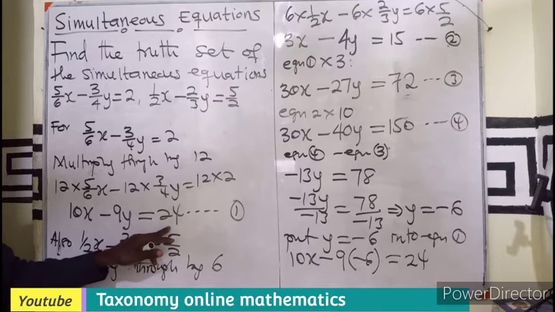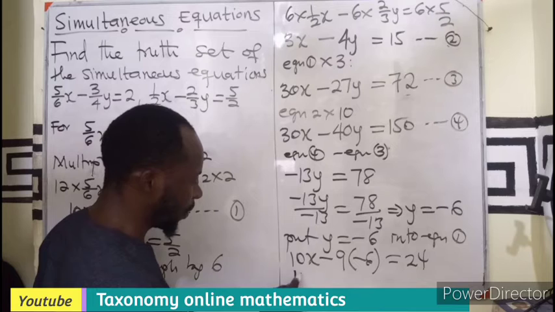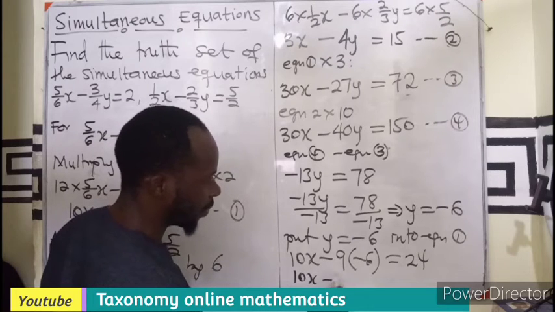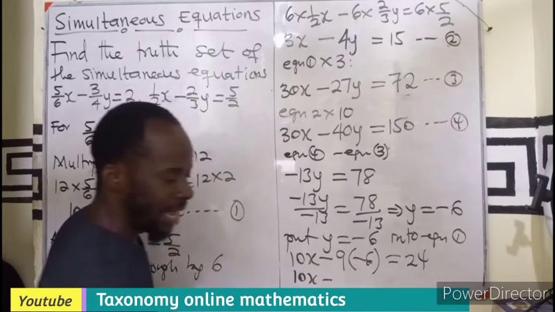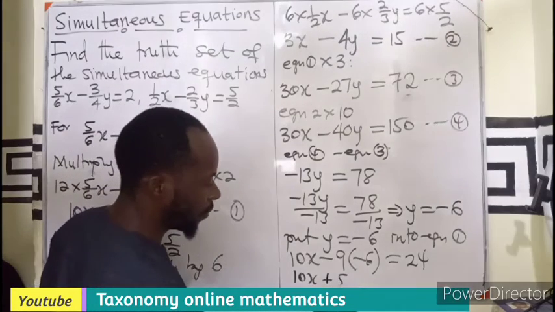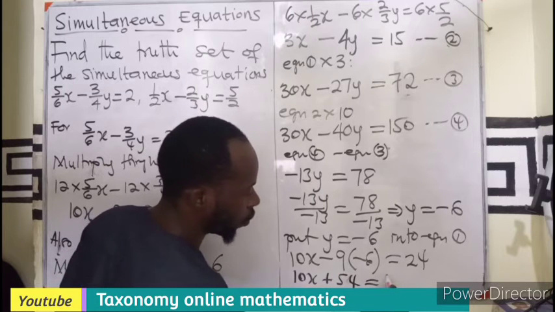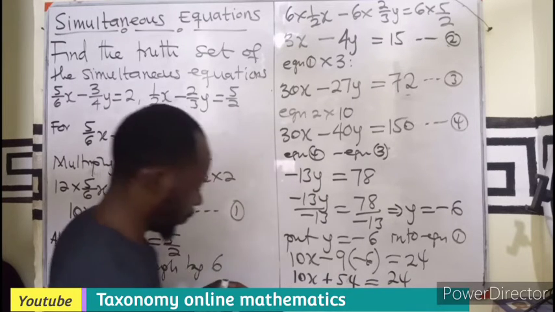So we have 10x minus 9 times minus 6 will give us positive 54 equals 24.